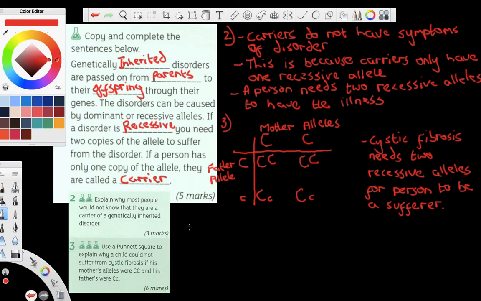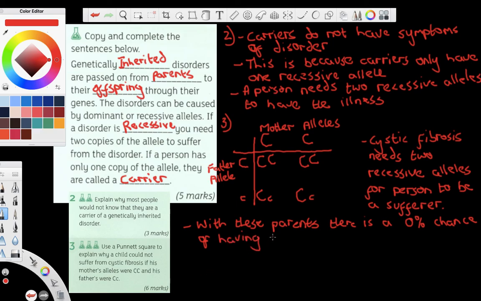In these parents, this is for your 5th mark, with these parents, there is a 0% chance of having 2 recessive alleles.